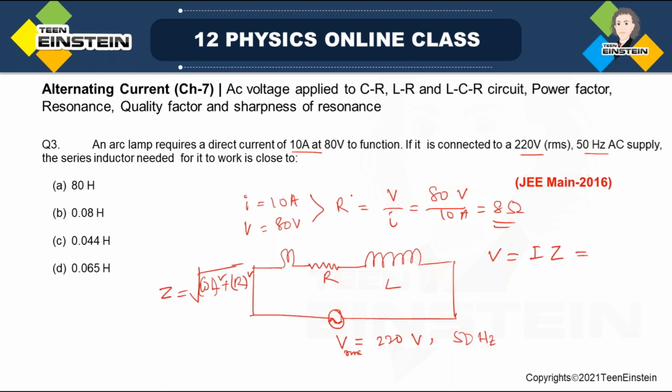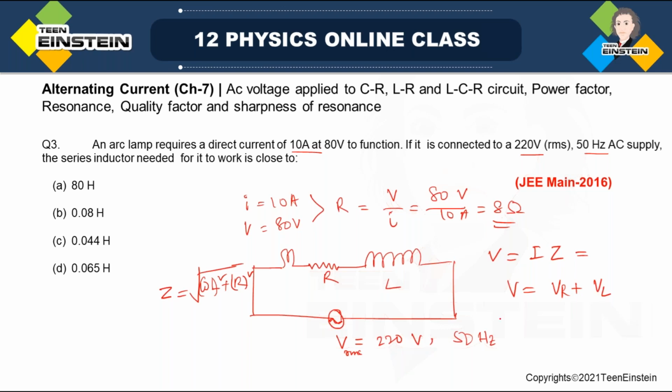So let us first do one thing. For the DC equivalent voltage, the total voltage will be VR plus VL.